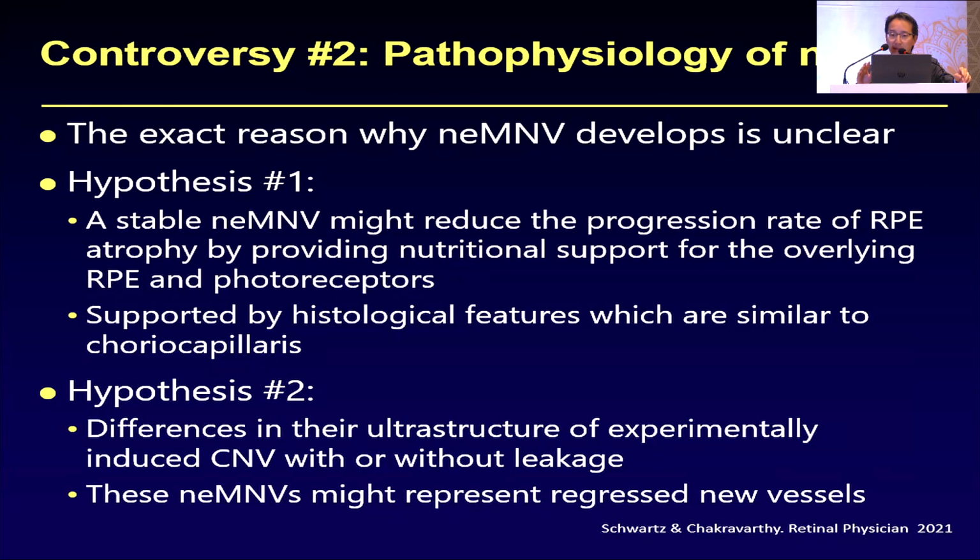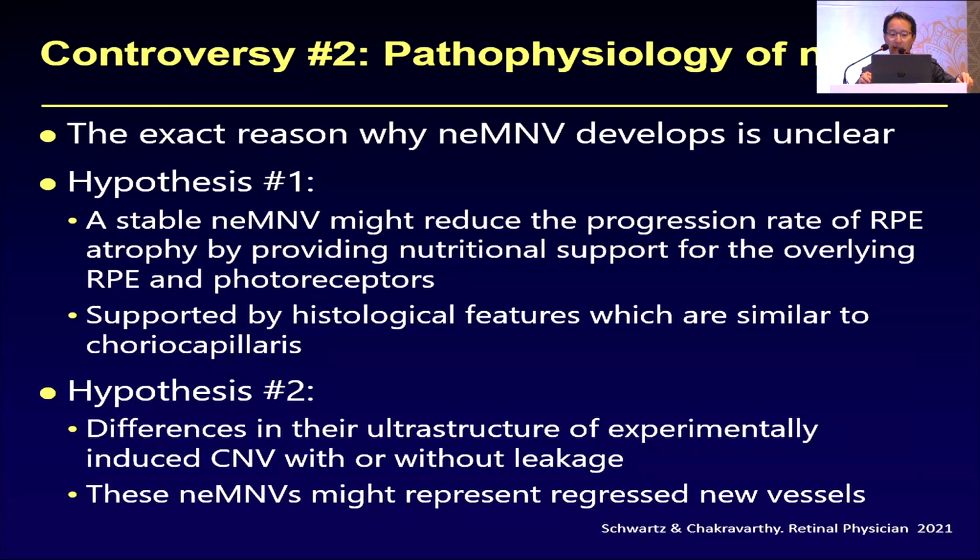The second controversy is the pathophysiology. Exactly why these develop is unclear, and there are two hypotheses. The first is that you get a stable non-exudative MNV which can reduce the progression rate of RPE atrophy. This may provide some nutritional support to the overlying RPE or photoreceptors, and this is supported by the histological features of these lesions, which are quite similar to the normal choriocapillaris.